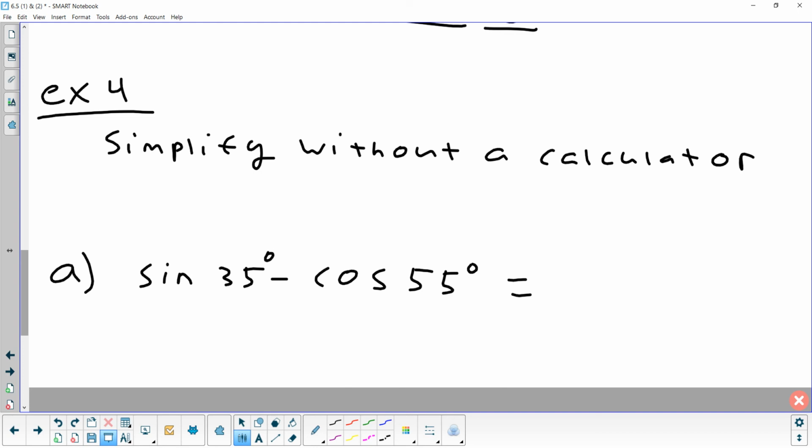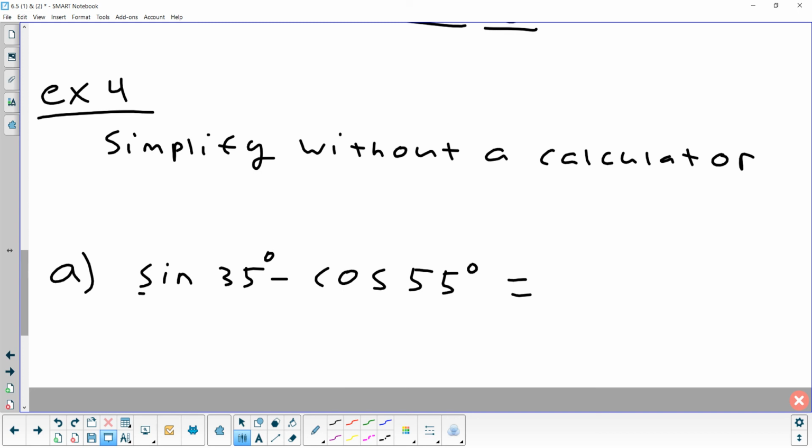So anyone tell me what would happen here? Caleb? It would equal 0. How come? Because the angles are both complementary and sine and cosine are co-functions of one another. Yep. So then it would just be subtracting from itself as sine 35 is equal to cosine 55.